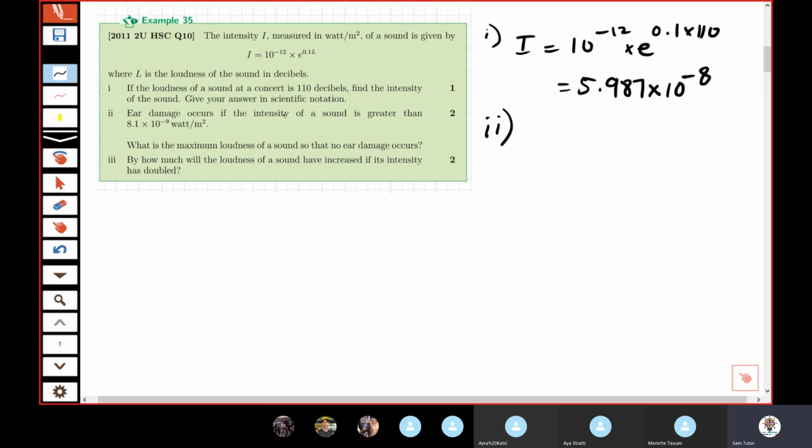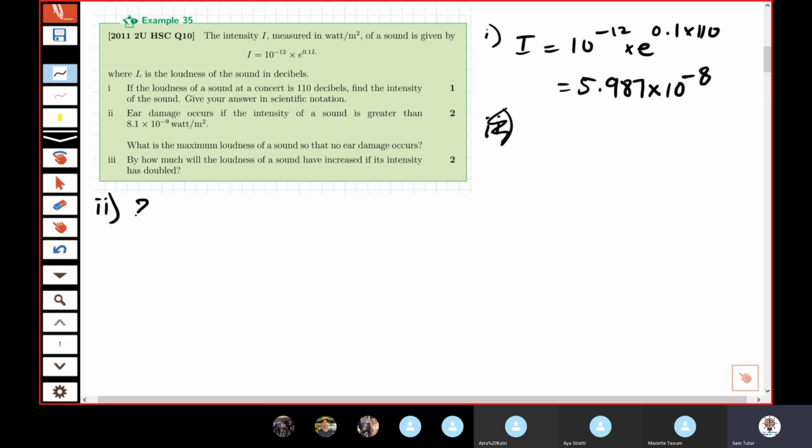Ear damage occurs if the intensity of a sound is greater than 8.1 times 10 to the power of -9. If that is greater than that, what is the maximum loudness of a sound so that no ear damage occurs? So it's just saying I is this.